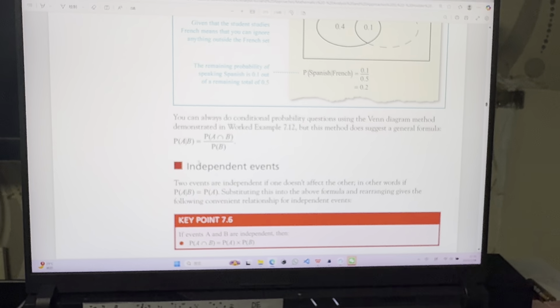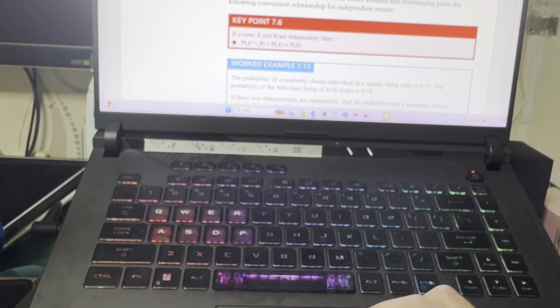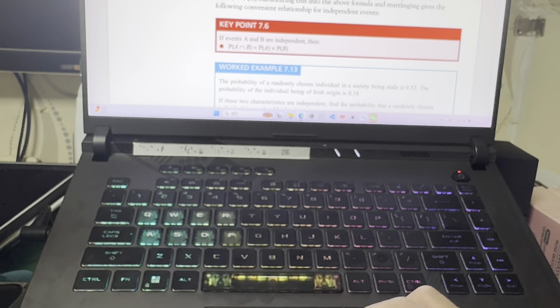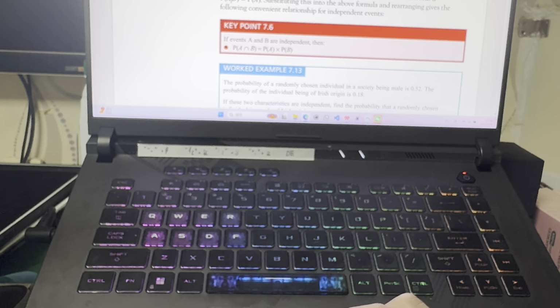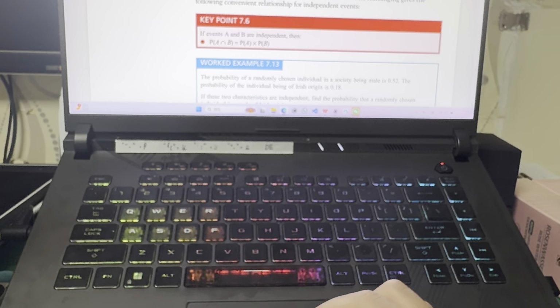And what is an independent event? Two events are independent if one doesn't affect the other.